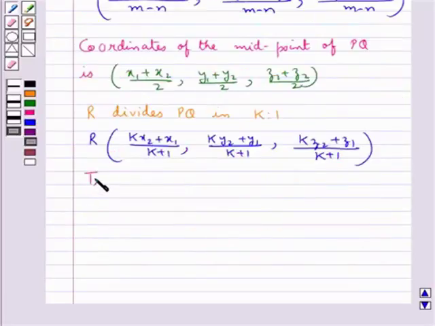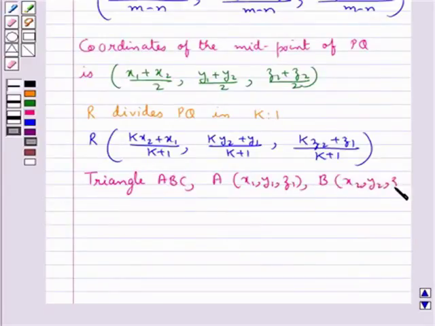Consider a triangle ABC where the point A has coordinates x1, y1, z1, point B has coordinates x2, y2, z2, and the point C has coordinates x3, y3, z3.